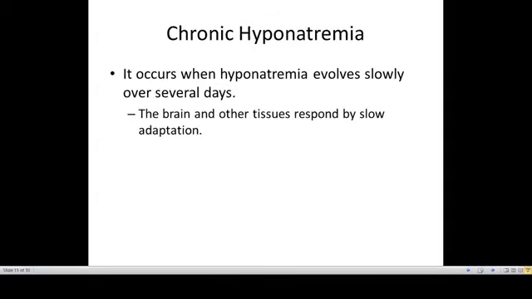The other type of hyponatremia is chronic hyponatremia. It occurs when hyponatremia evolves slowly over several days. The brain and other tissues respond by slow adaptation.